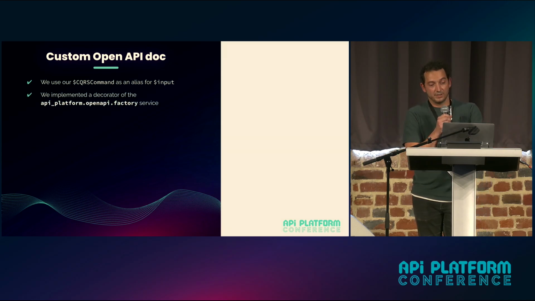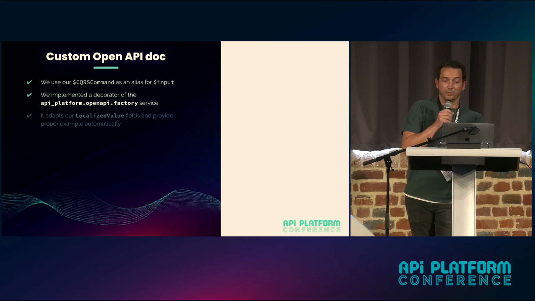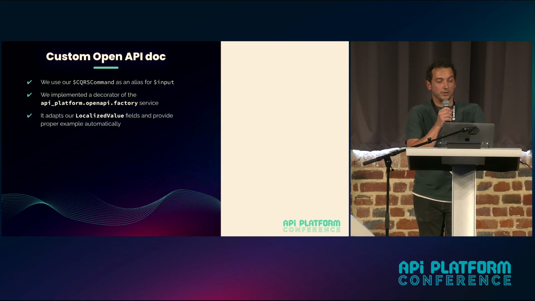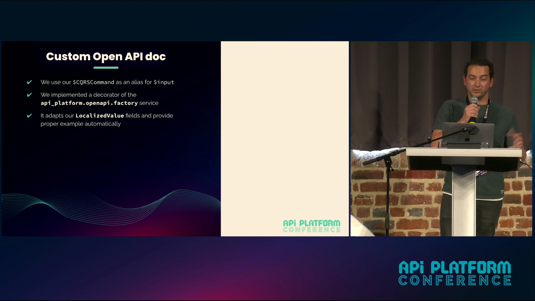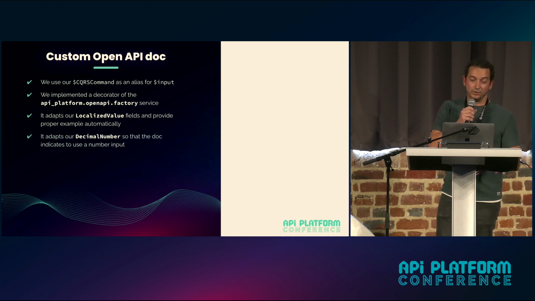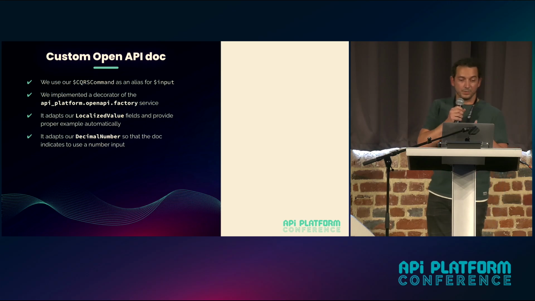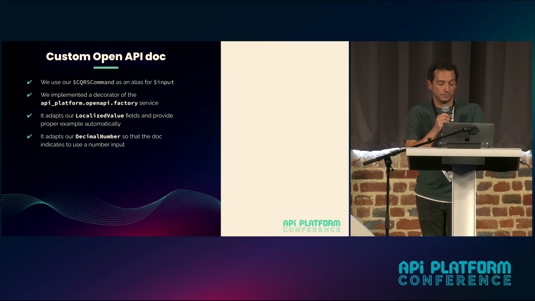We also implemented a decorator to handle all the customization that we have, so that the localized value automatically gets some example adapted with the locale. The decimal number won't be displayed as an object, but as a float, because we expect a float for this decimal number abstraction.